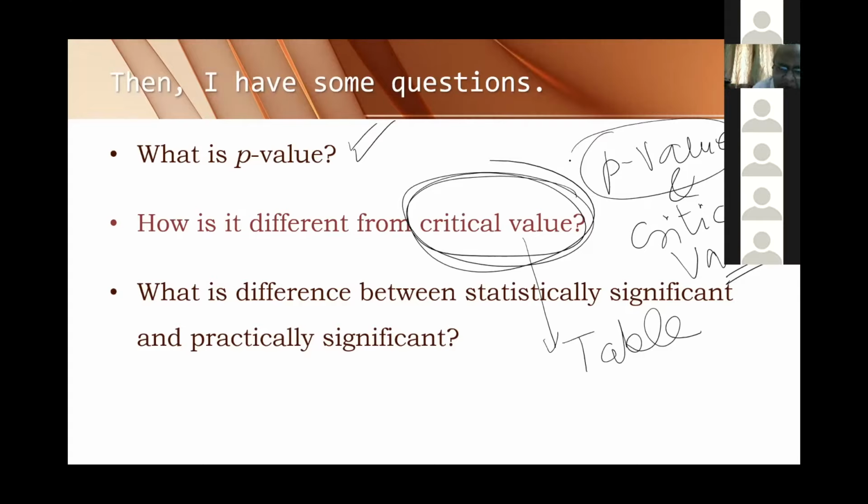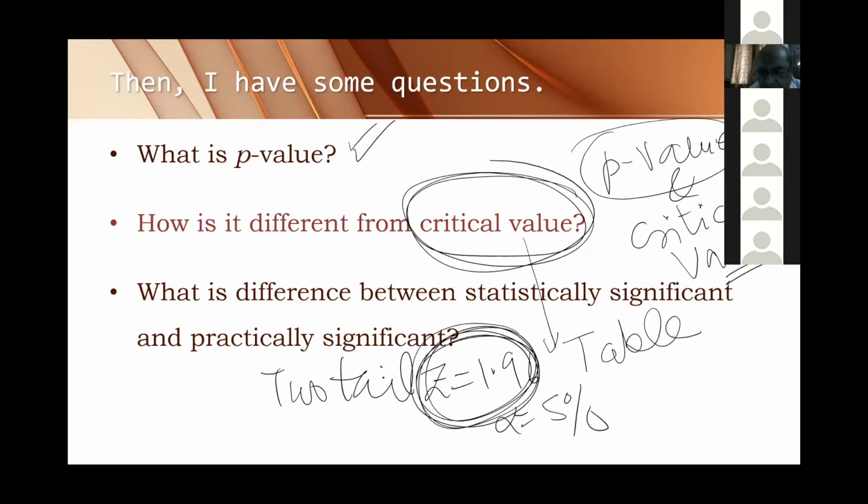So for example, in a two-tail test, Z statistic 1.96, 5% level of significance, this is my critical value, 1.96. But the probability value will come from your sample information, and that too corresponding to tail probability.